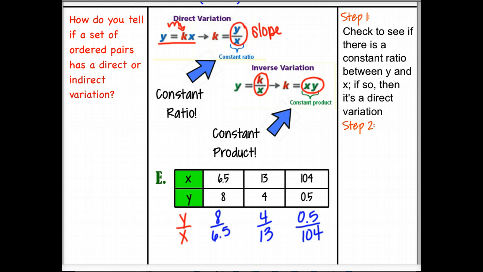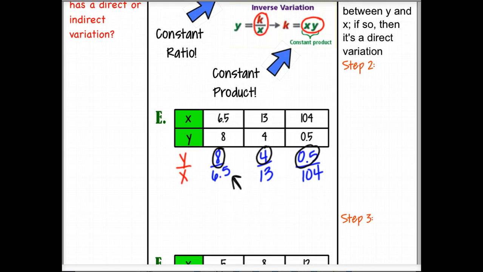One of the things I notice is that in this first one, 8 is bigger than 6.5, but in the others, the numerator is smaller than the denominator. So I know, therefore, that there's no constant ratio, so it's not a direct variation.